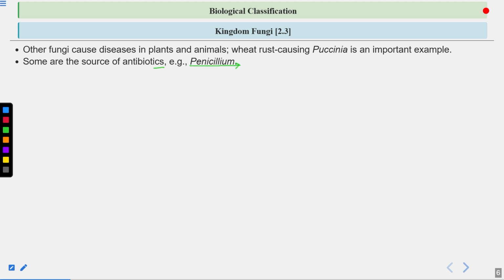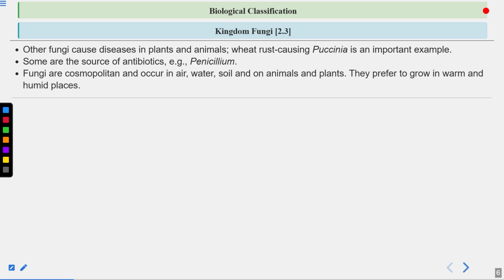Penicillium is a fungus, and from penicillium, penicillin has been isolated by Alexander Fleming. You should remember this. Fungi are cosmopolitan, means fungi are found everywhere. They are found in air, water, soil, on animals and plants also. They even live on the human skin. They even infect the human skin also, like Candida. Okay, remember this name, Candida. It can cause disease in humans also.